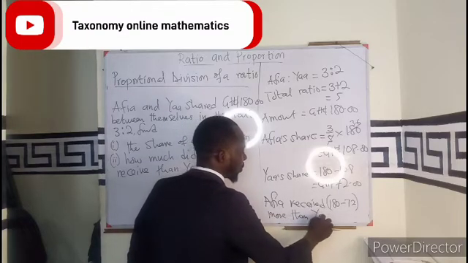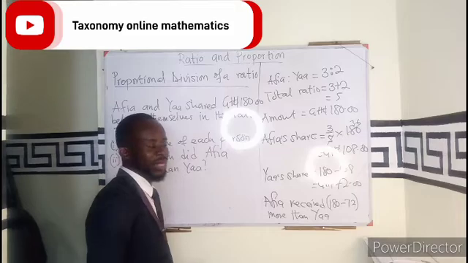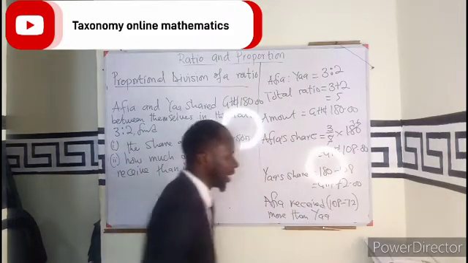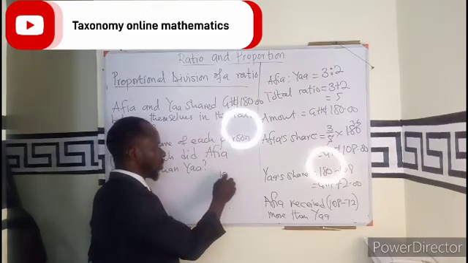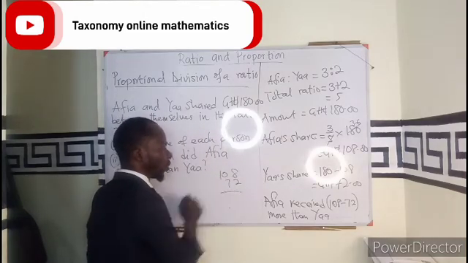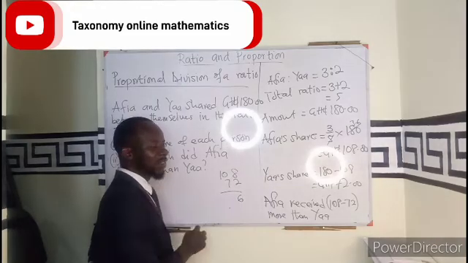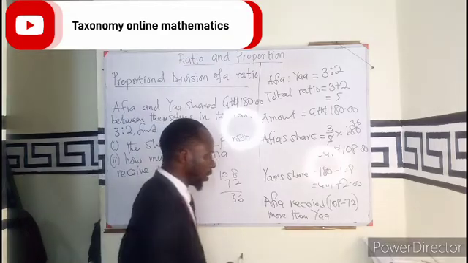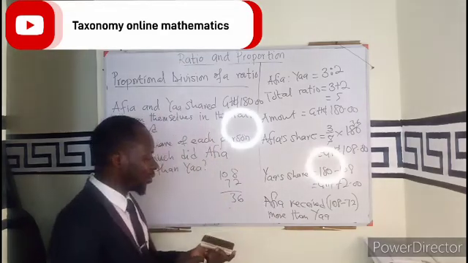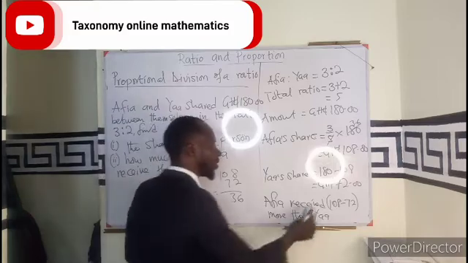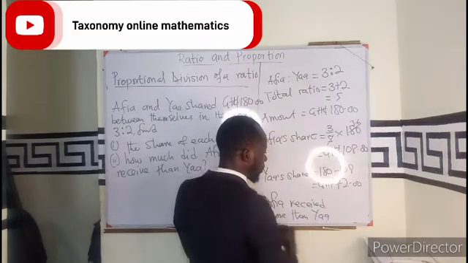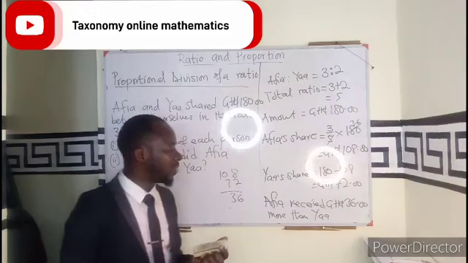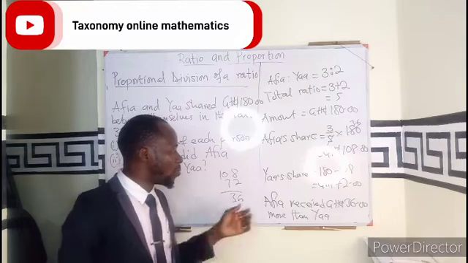In that subtraction, we have 108 minus 72. So I believe we have 36. So in all, if you want to rewrite that, Efia received 36 Ghana cedis more than Ya.